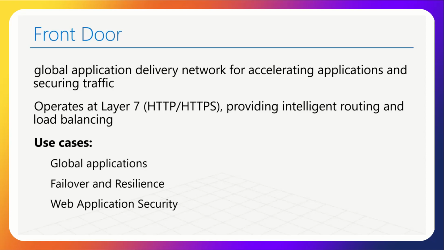So with front door, you can have different virtual networks, one on the East and one on the West, and front door will steer them to the correct traffic. And that allows you to lower the latency and scale so you don't have everything in one place.